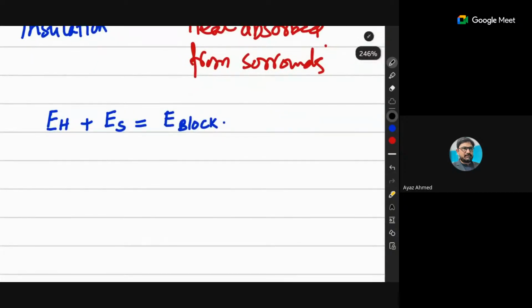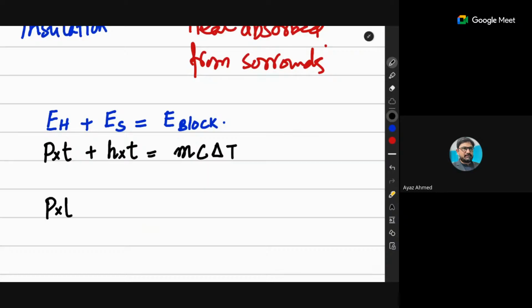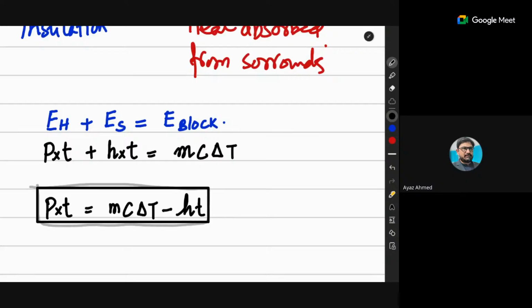Are you getting my point? The energy of the heater is power into time. The energy of the surroundings is h into t, because it is a rate, and rate multiplied by time, and this is your mc delta t. So if I say that power into time is equal to mc delta t, this h into t would be subtracted when it is shifted to that side. So this is the equation I was discussing with you.